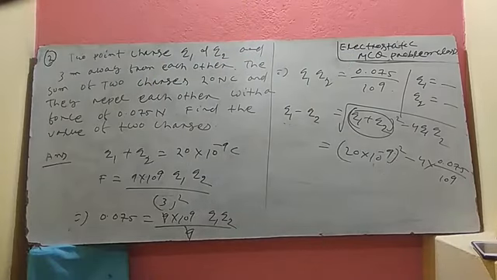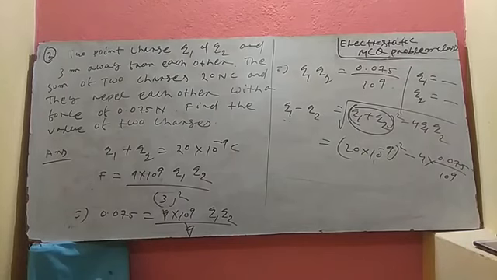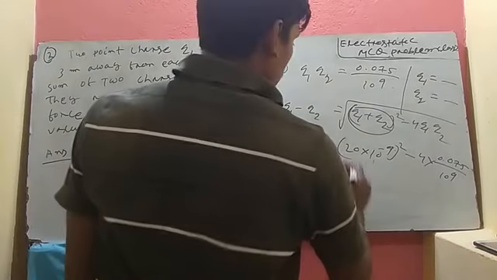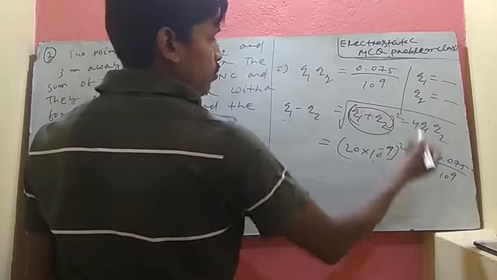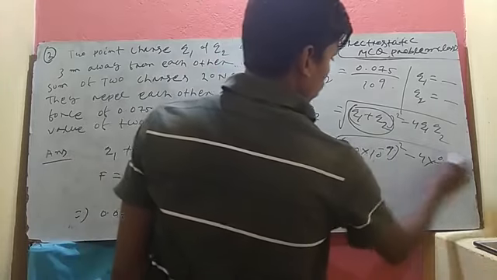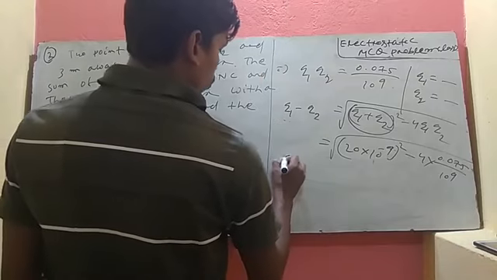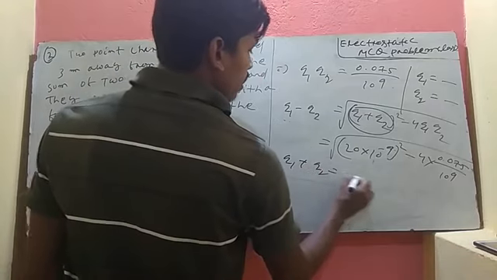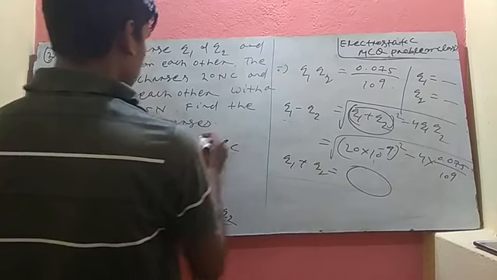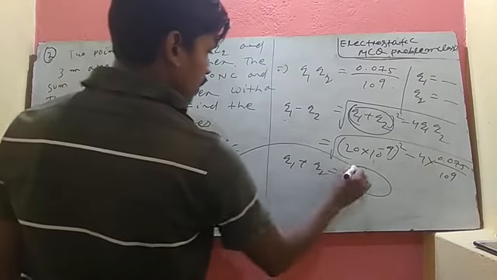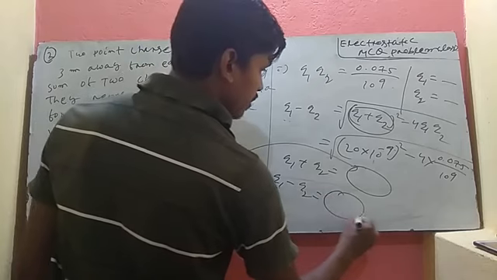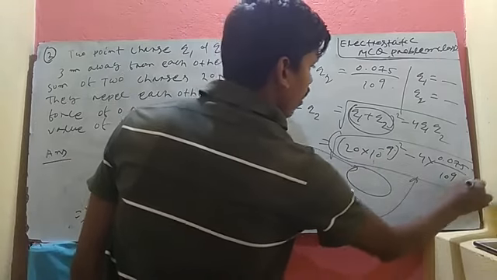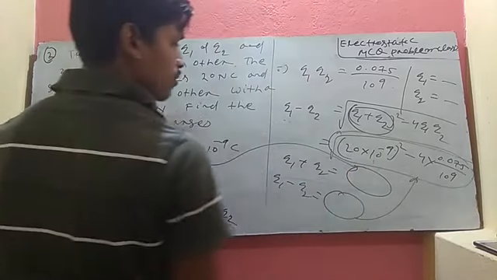So finally Q1 minus Q2 is root over (20 into 10 to the minus 9) square minus 4 into this. Yes or no? So Q1 plus Q2 is given, this is the value, and Q1 minus Q2 is the value of this.